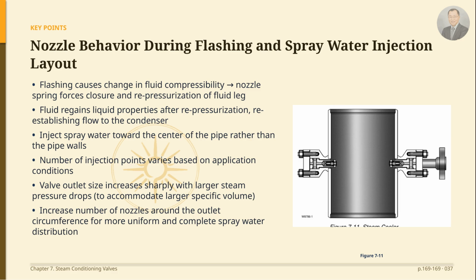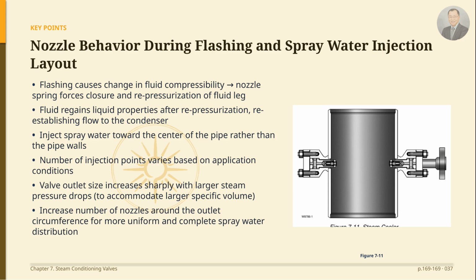When flashing happens, the compressibility of the fluid changes, and the nozzle spring forces the nozzle to close and repressurize the fluid leg. Once this is complete, the fluid regains its liquid properties and reestablishes flow to the condenser. The steam conditioning valve injects the spray water toward the center of the pipeline rather than the pipe wall, and the number of injection points varies depending on the application.